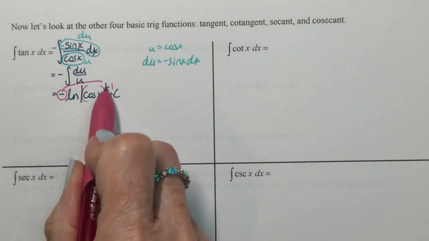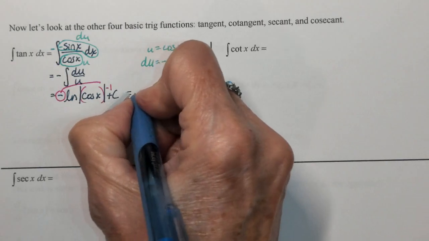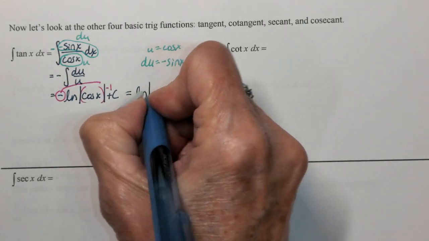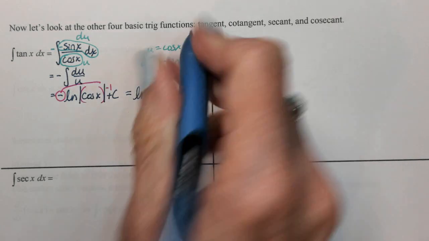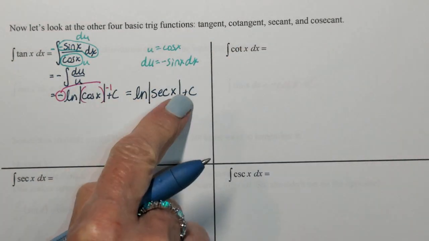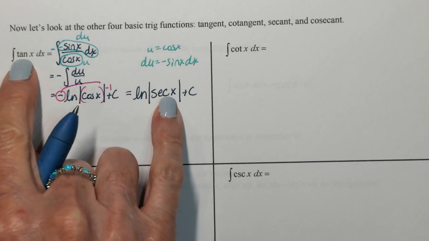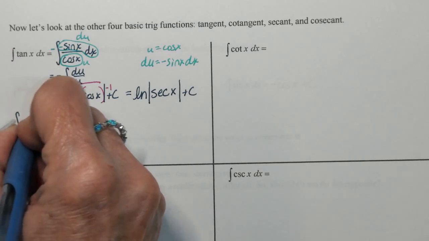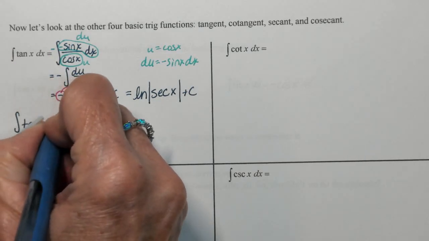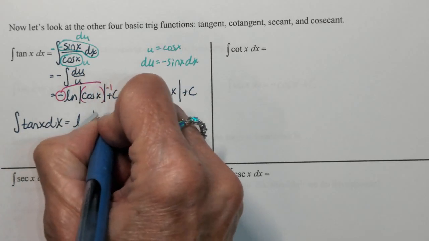And now it's 1 over cosine, which is secant. So this is the same as positive ln absolute value of secant x. And now tangent is happy, secant is happy, we're all happy. And now we can memorize that. We are going to memorize that the integral of tangent x is ln absolute value secant x.